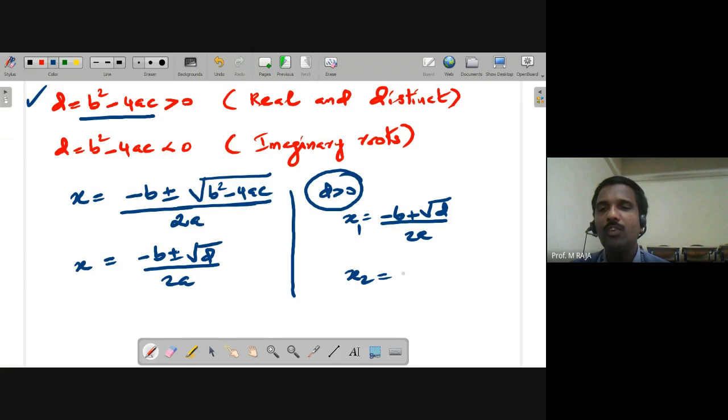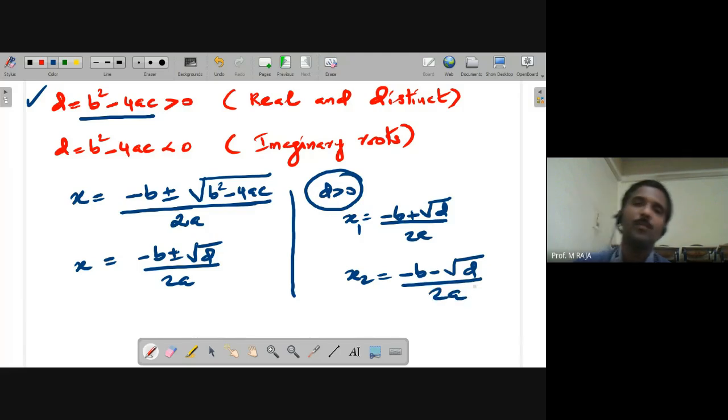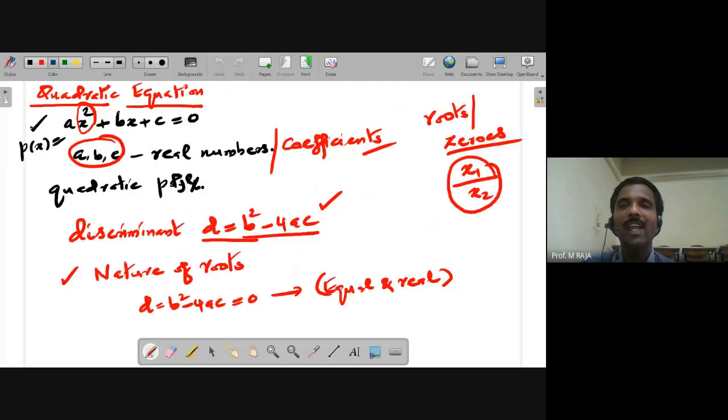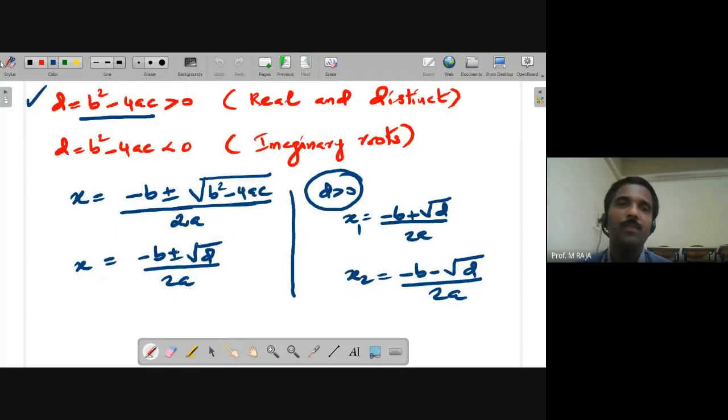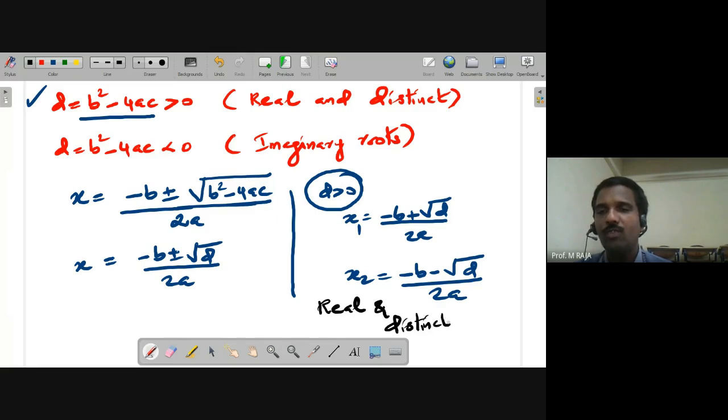And x2 is equal to minus b minus square root of d by 2a. This is the second real root. So the roots are real and distinct in this category: two different real roots when d is greater than 0.